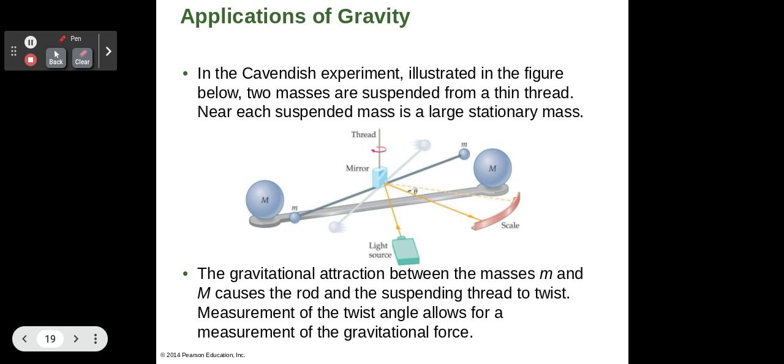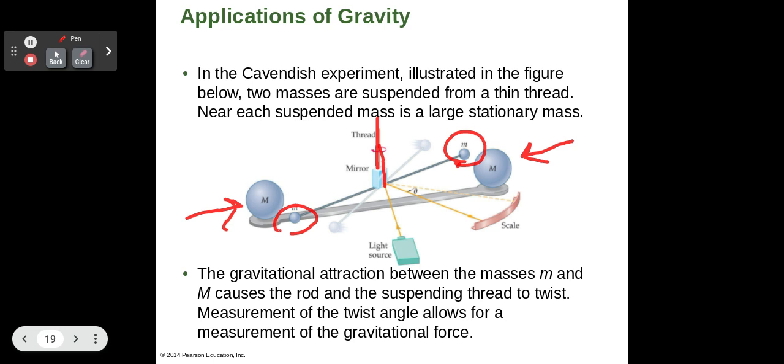What he did is he had two large masses that you see here and here. Then he had a thread attached to a bar with two other smaller masses attached to it. He suspended that bar from this thread and just observed what happened. When he suspended it, each suspended mass was near a larger mass.